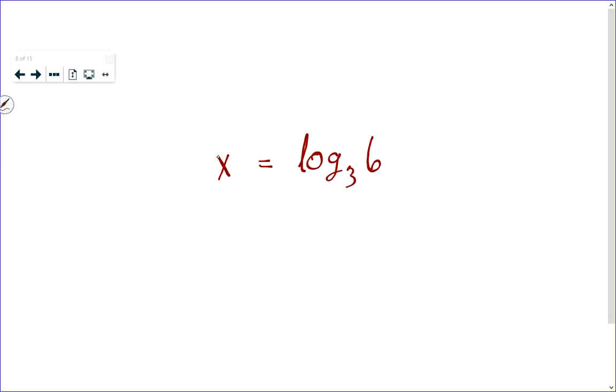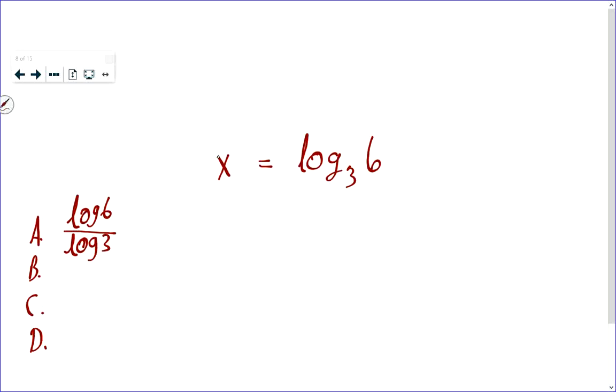Let's say you're solving some kind of equation and you get that for an answer, and it's multiple choice, and that's not there. But what is there is log of 6 over log of 3. Well, you should recognize that if you apply the change of base formula to log base 3 of x, you'll get log of 6 over log of 3 in base 10 logarithm.